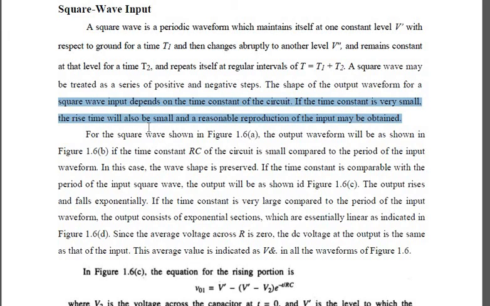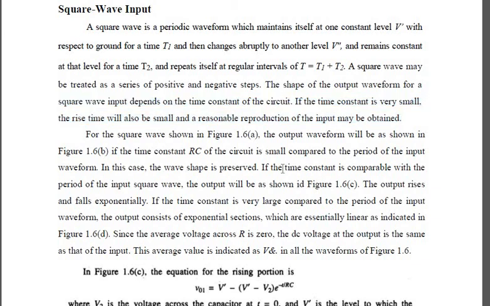The rise time t_r, what you have learned. And a reasonable reproduction of the input may be obtained. Whatever input you have given can be easily obtained if you have this t_r in a small value. So for the square wave that I have, the figure I have shown is the output waveform. For the square wave as shown, the output waveform will be given as 1.6 B that I'll show.